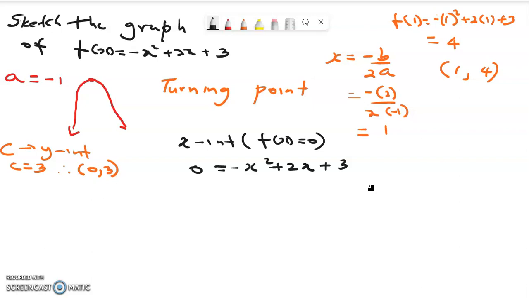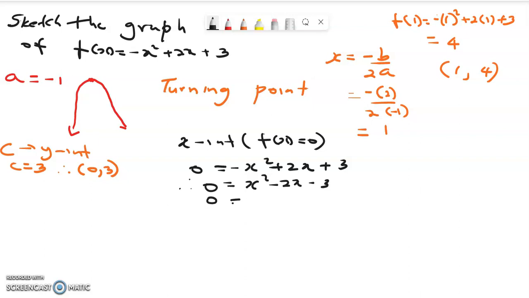We divide each and every term: negative x squared divided by -1, negative 2x divided by -1, positive 3 divided by -1. Then the answer is 0 is equals to x squared minus 2x minus 3.